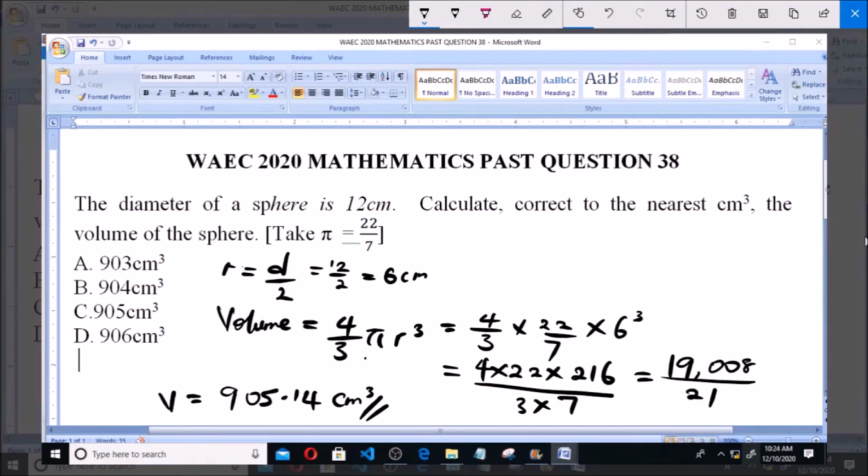Now the question says we should correct to the nearest centimeter. So to the nearest centimeter it is approximately 905 cm cubed, and that is option C.